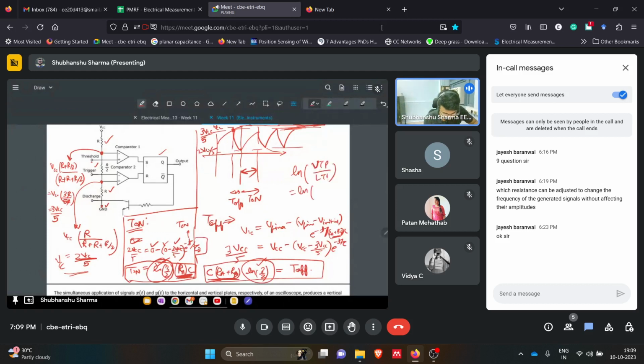Let's check. UTP is this one, 3 VCC by 5, and LTP is this one, 2 VCC by 5. So VCC by 5 cancelled, ln 3 by 2, and that is the ratio which we are getting, ln 3 by 2.